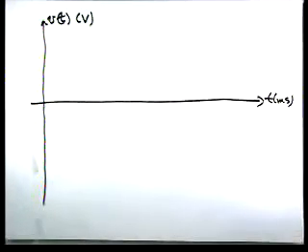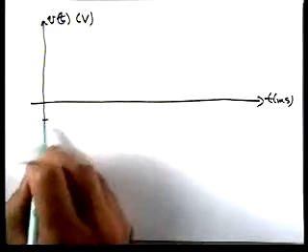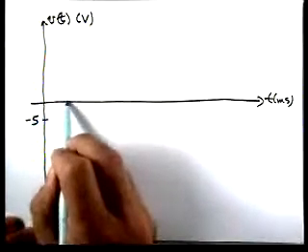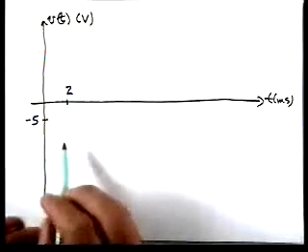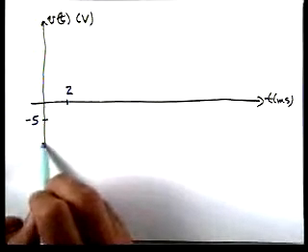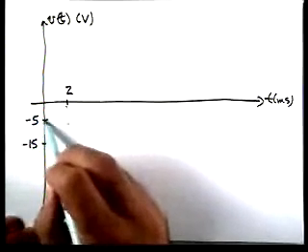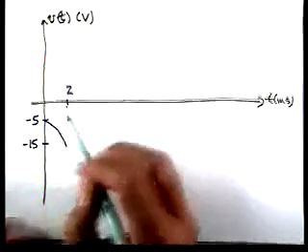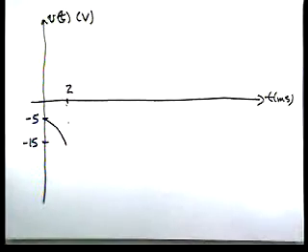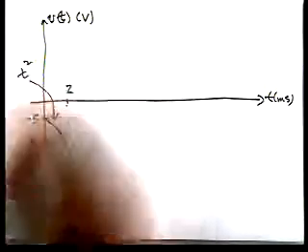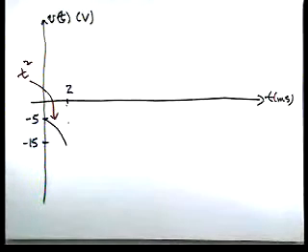It starts off at minus 5, and then by the time we get to 2 milliseconds, it's down at minus 15. Now this is a parabolic waveform, a t squared, and remember, that's because we had a ramp.